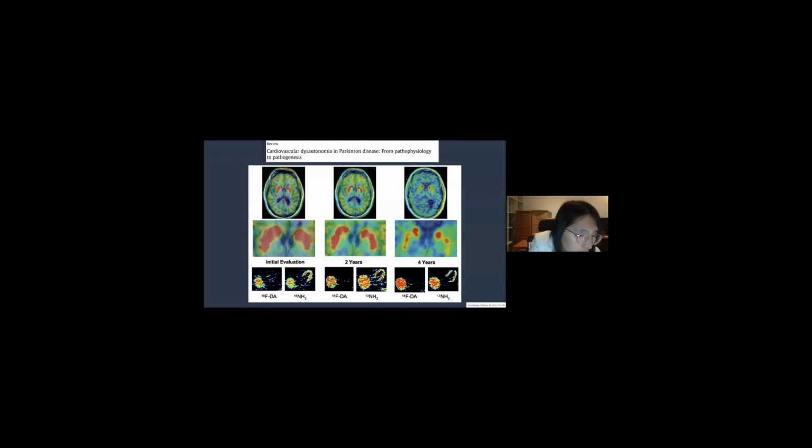And 4 years later, the patient showed clearly decreased F-dopa uptake and clinically complained of dementia, but did not complain of any Parkinsonism yet.